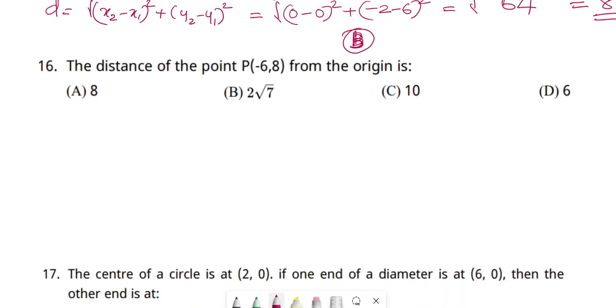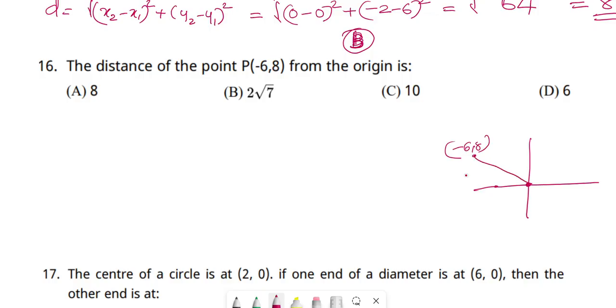Next question. The distance of the point P(-6, 8) from the origin is. From the origin to (-6, 8), so (-6, 8) will be somewhere in the second quadrant.